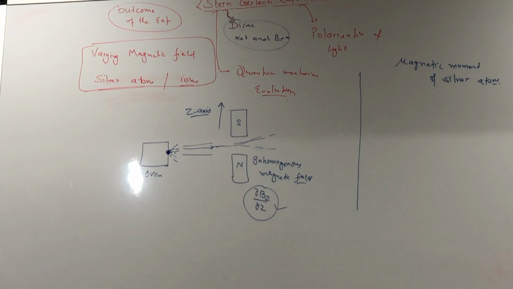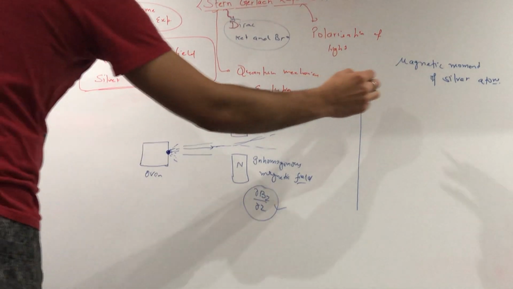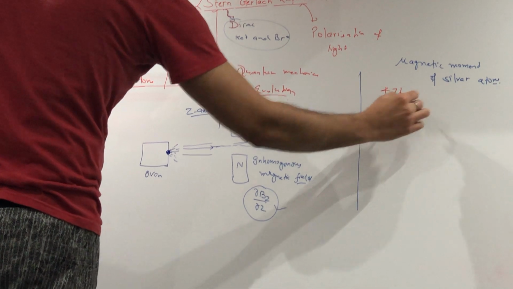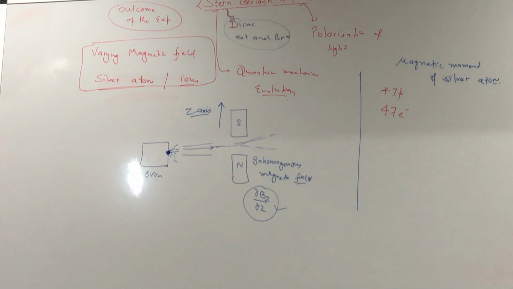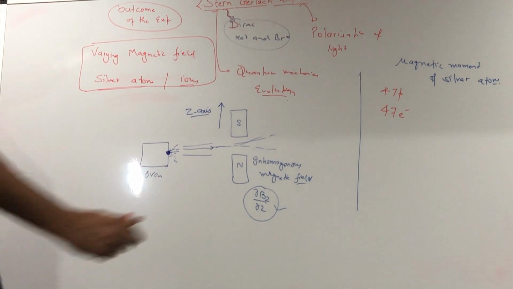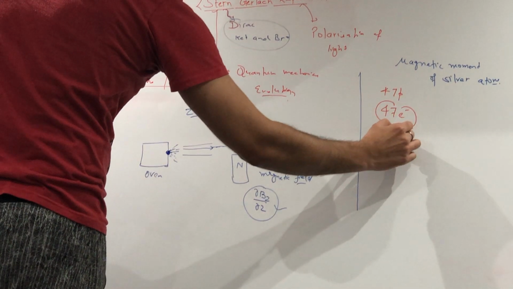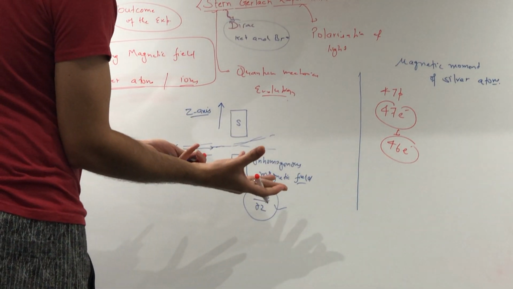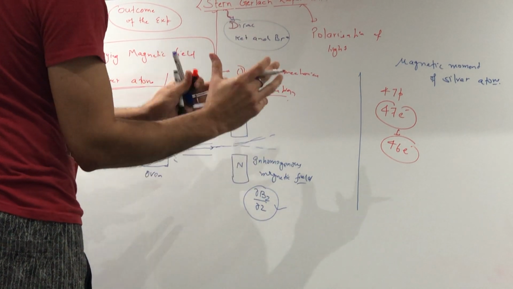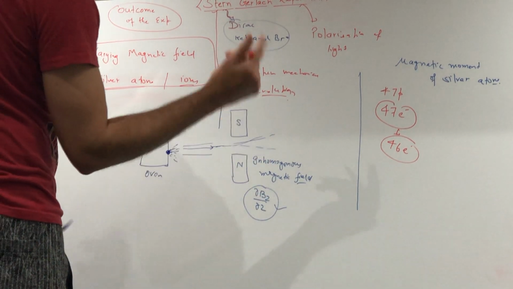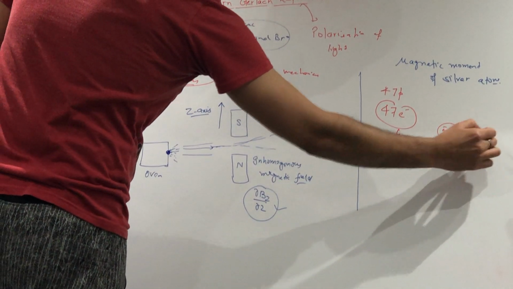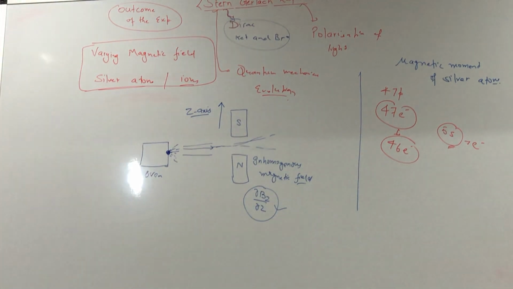Magnetic moment of silver atoms: the silver atom has 47 protons, 47 electrons. These 46 electrons form a symmetrical cloud, such that their net magnetic moment is 0. And the only electron, that is the 5s electron, is responsible for the spin magnetic moment.